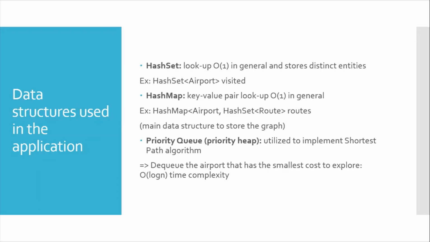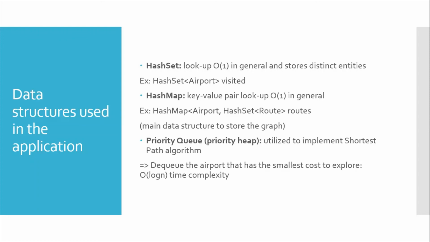The hash map allows my application to store key-value pairs with lookup big O of one, where each entry is a pair of key, which is an airport, and value, which is a hash set of routes coming off from the airport.